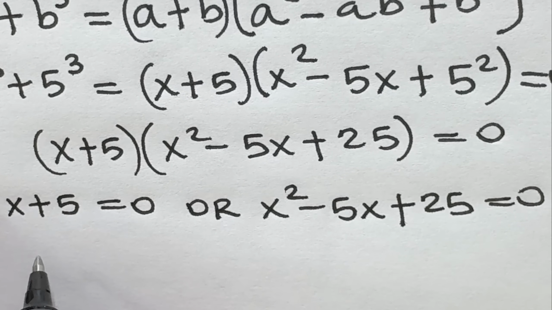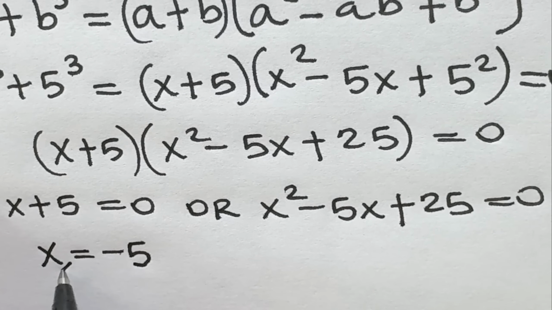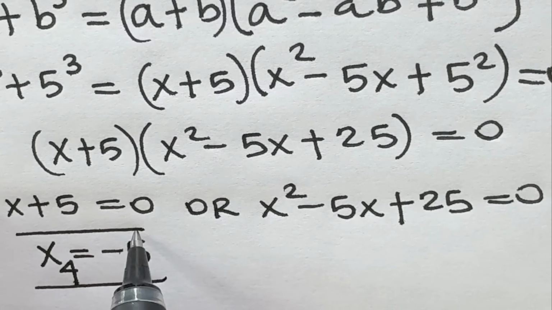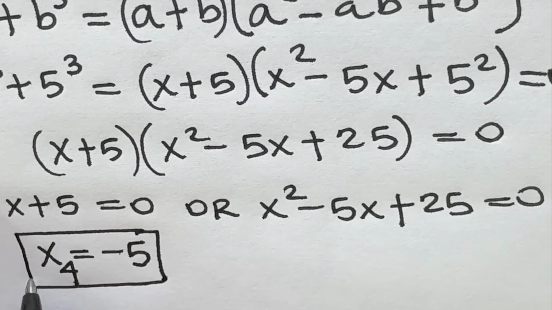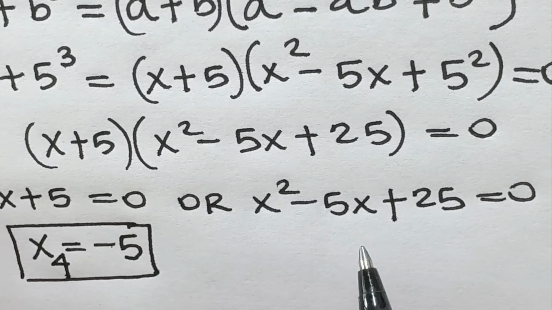From here, we get x is equal to negative 5. I'll call that x4, which is also a real solution. And then we proceed again to solve this second quadratic equation.